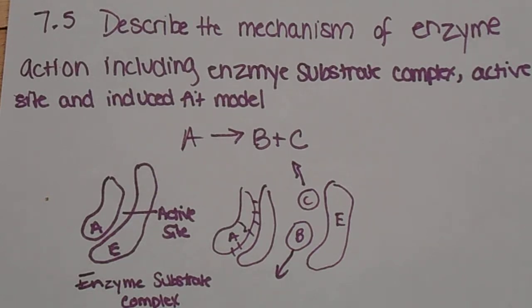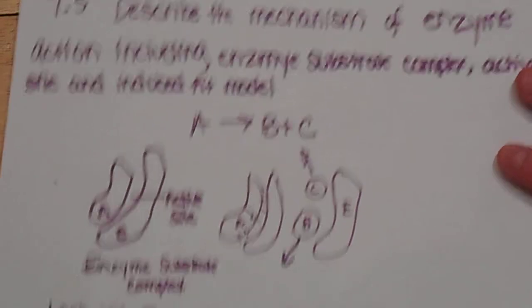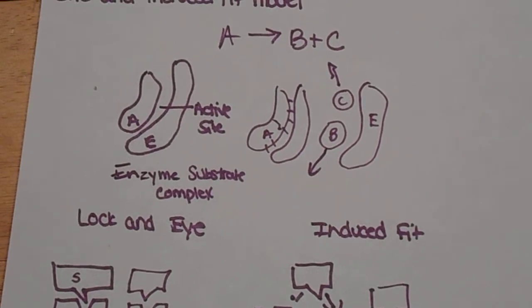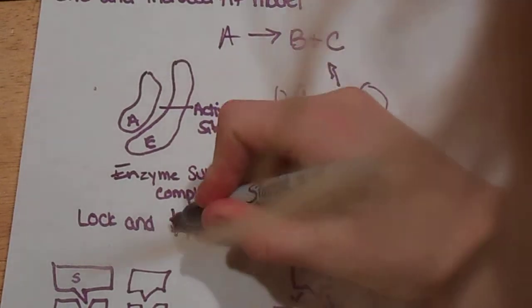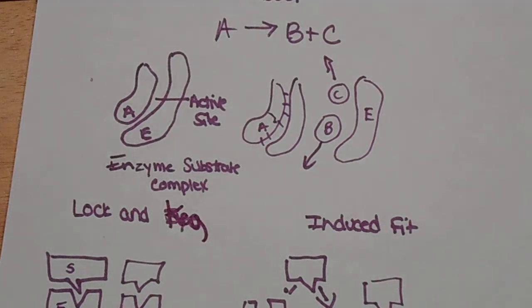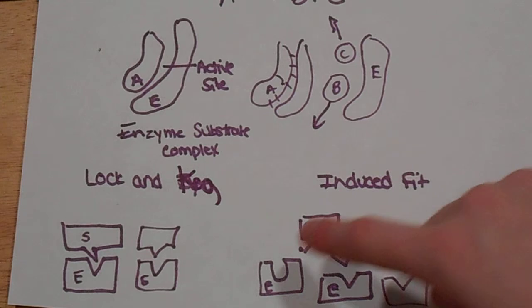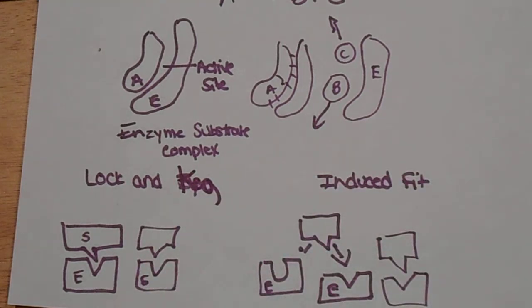So the ideas behind this and the mechanisms behind this began with something called the lock and key mechanism, and that is the idea down here that an enzyme fits with a substrate like a lock and key would. So each have a very specific shape, a very specific fit, and each substrate and each enzyme are meant for one another.